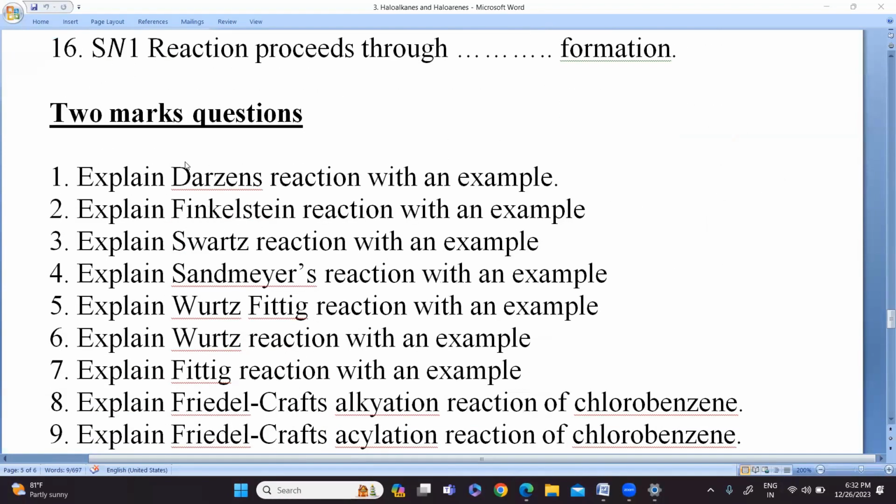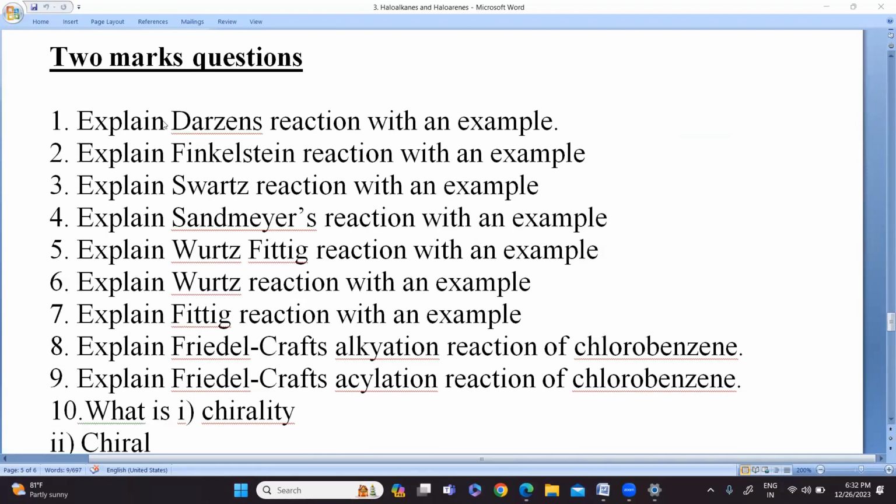Moving further, we'll start with the 2 marks questions. In the 2 marks questions from this chapter, most probably all are name reactions, which we are going to discuss. The first question is: explain Darzen's reaction with an example.